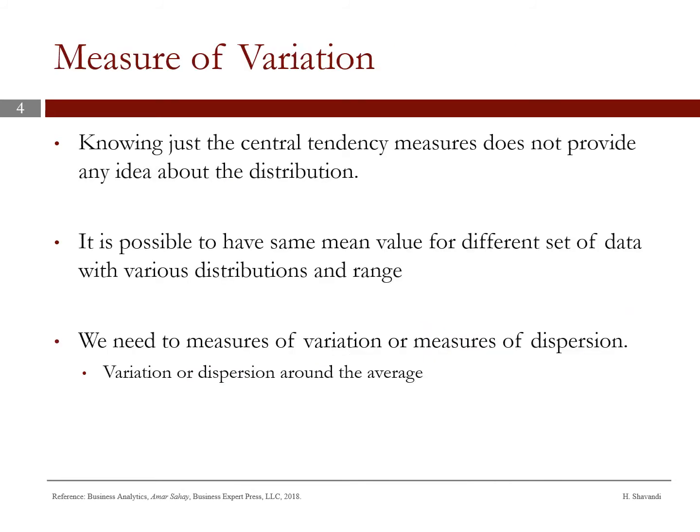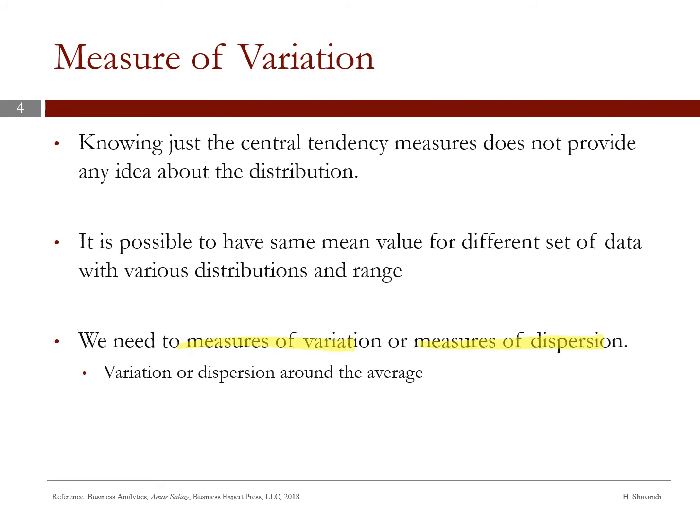So far, we had the central tendency measures, mean, median, and mode, and also the quartiles. Although knowing those measures is very important, they don't give us any information about the distribution of the data. In order to have an idea about the distribution, we need measures of variation or measures of dispersion.